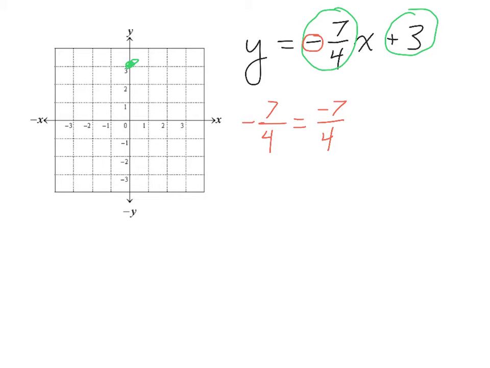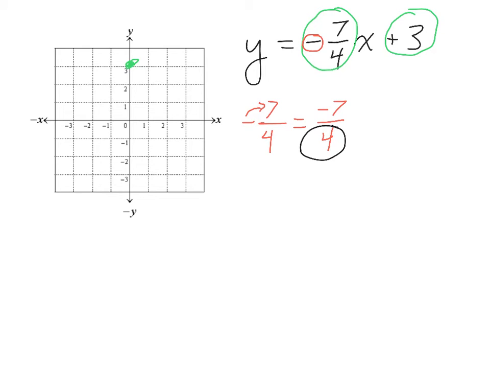So for our purposes, I'm going to take this negative and we're going to put it up with the top, with the rise portion of our slope. Okay? That always means we're going to use this to go up and down. That means the bottom, the run portion, will always be positive. We can always be going to the right. Okay? So for any of my videos, we're going to put the negative with the top.